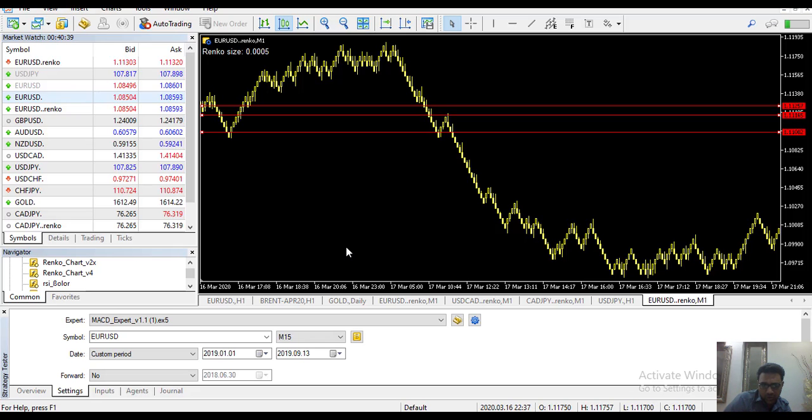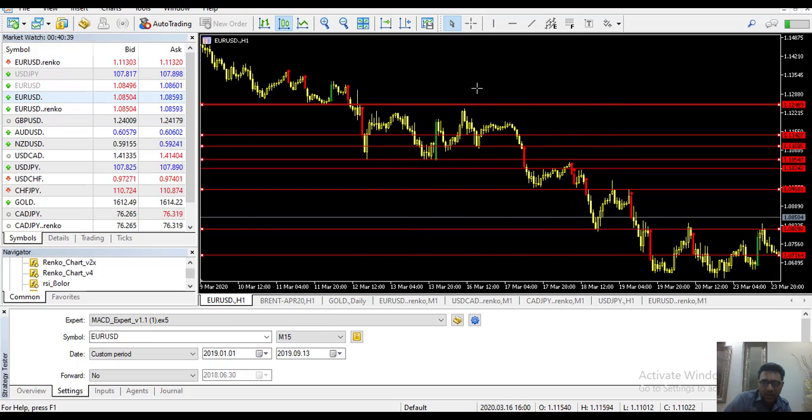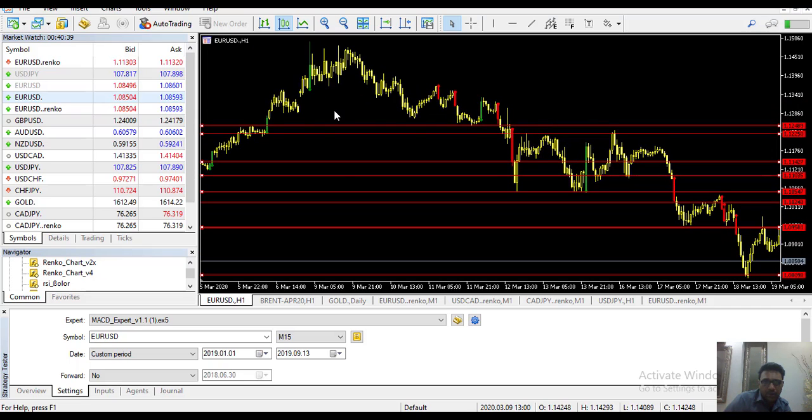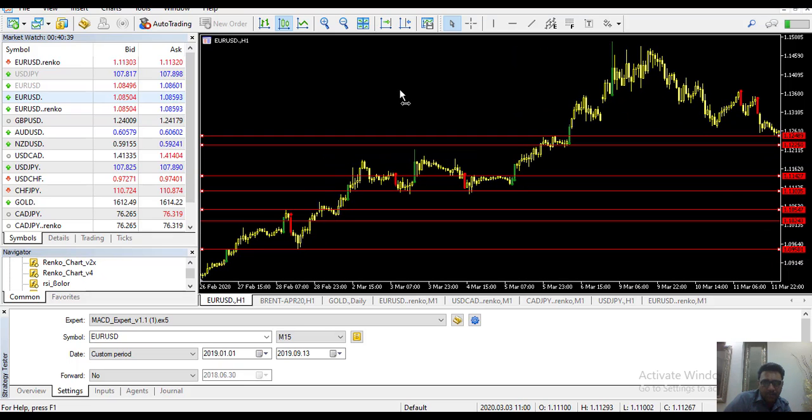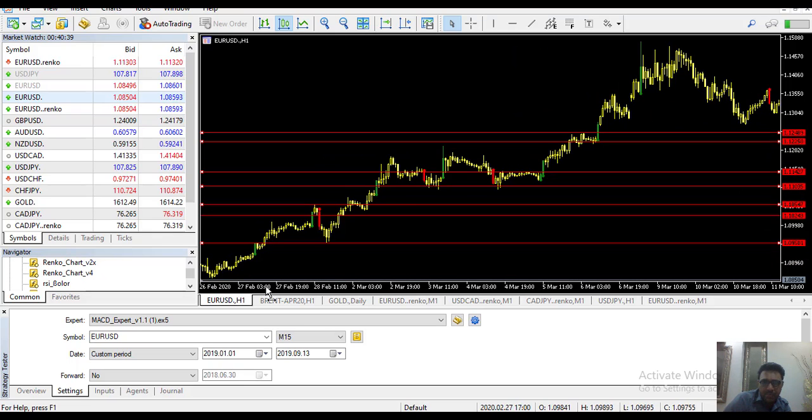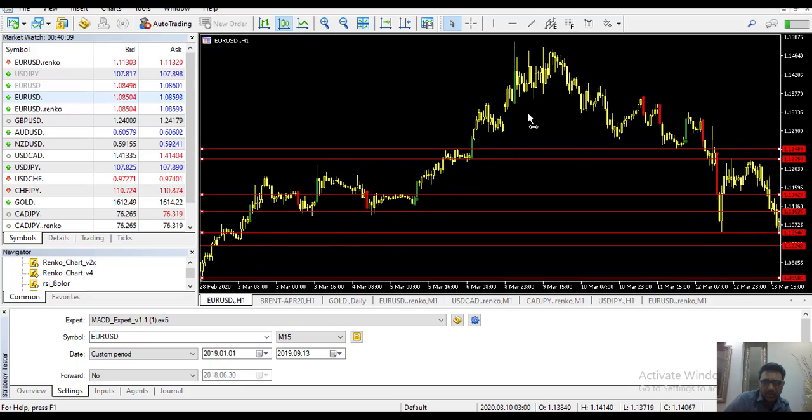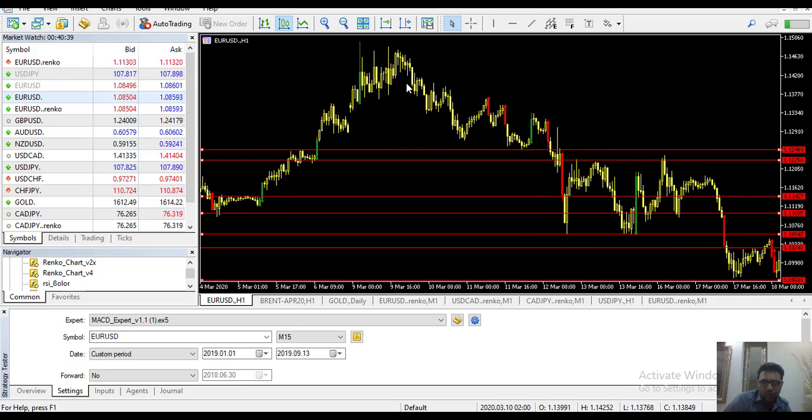Okay, let's use some regular charts. For this purpose, we also need to know a few criteria. Usually this happens when there is a major uptrend. First, there is a major uptrend, and then there is a low trend, right? Then a new trend starts. So here it is.